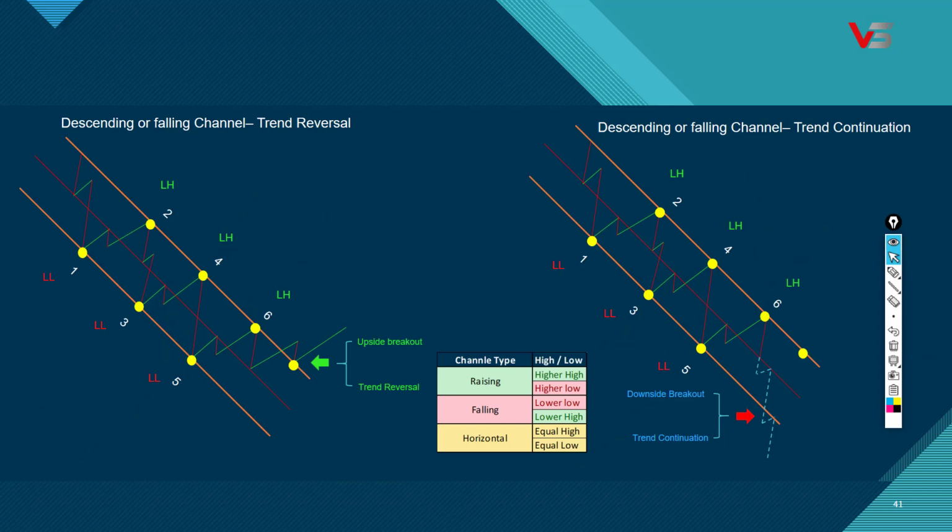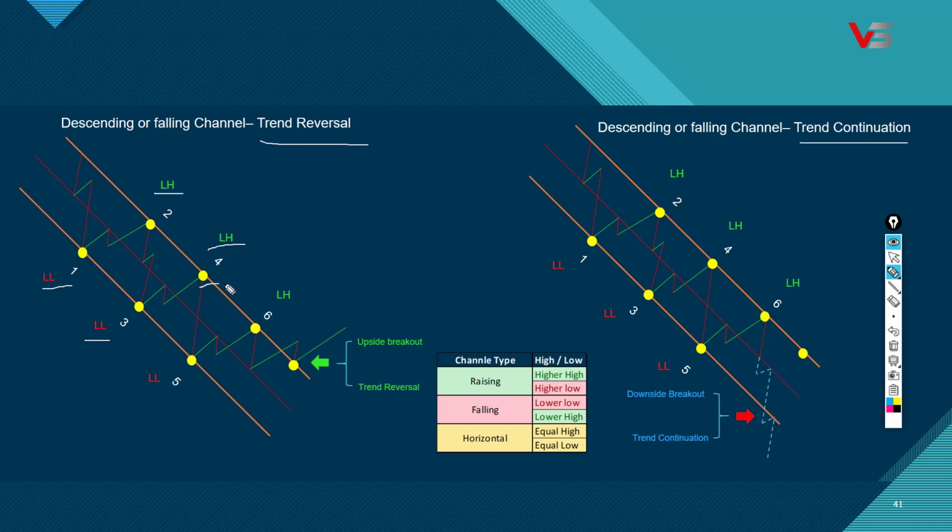This is the diagram of a descending channel, both trend reversal and trend continuation, in this diagram. For a descending channel, we require two lower highs and two lower lows. Then only can we draw the trend line for support and resistance.